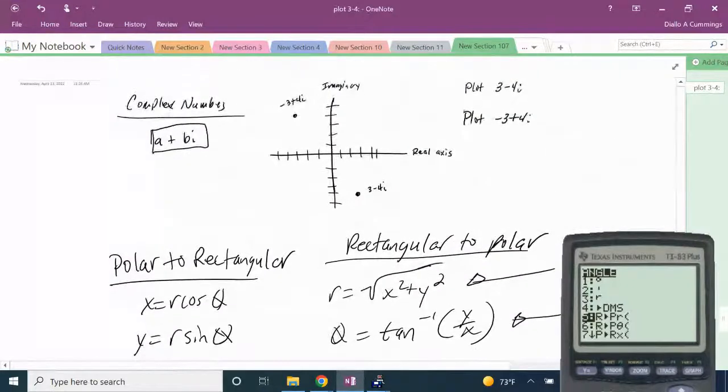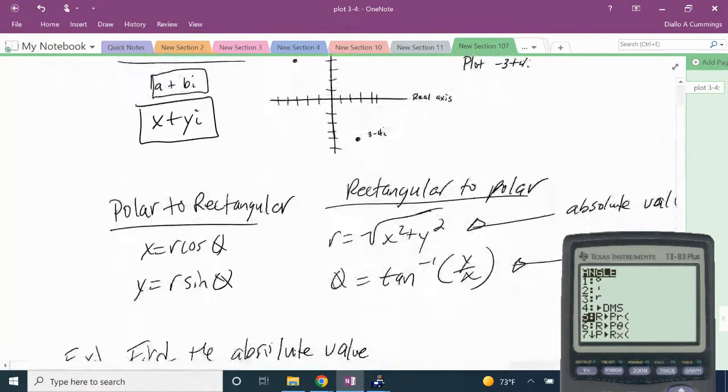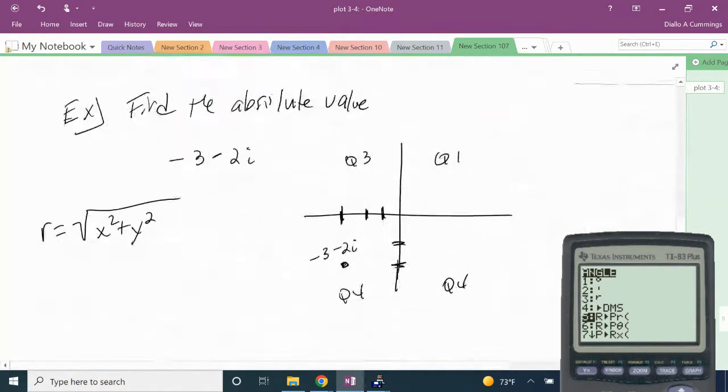The complex numbers are in the form a plus bi. They can also be in the form x plus yi. Instead of using a and b as the coefficients, when we talk about trig or polar form, we're using x plus yi. That coincides with this absolute value formula. So r is equal to the square root of x squared plus y squared.